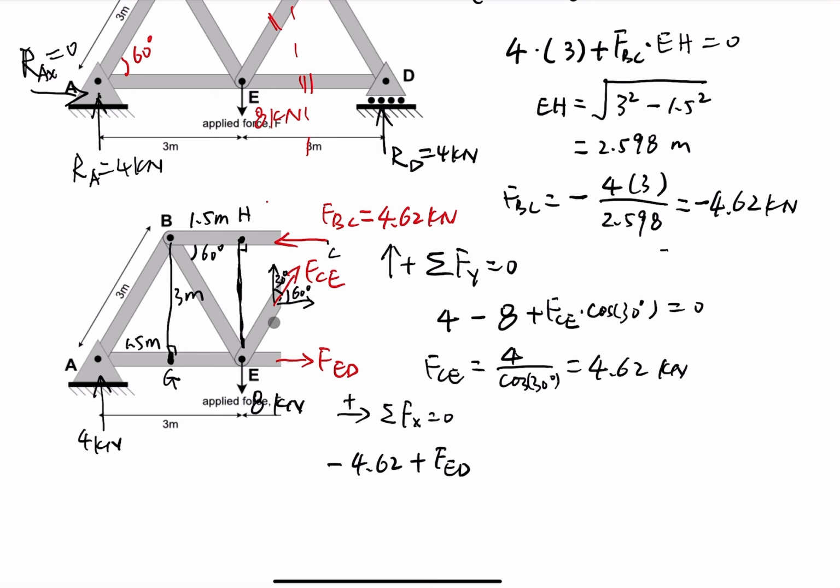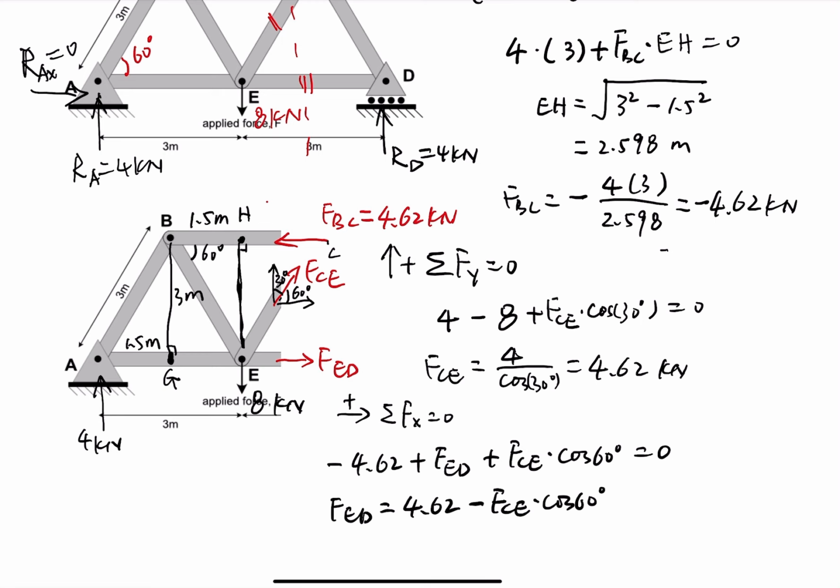This component goes to the right, so it is positive, FCE times cosine 60. This is the component of FCE in the horizontal direction, and the sum is equal to 0. Then we come out with FED equal to 4.62 minus FCE times cosine 60 degree.